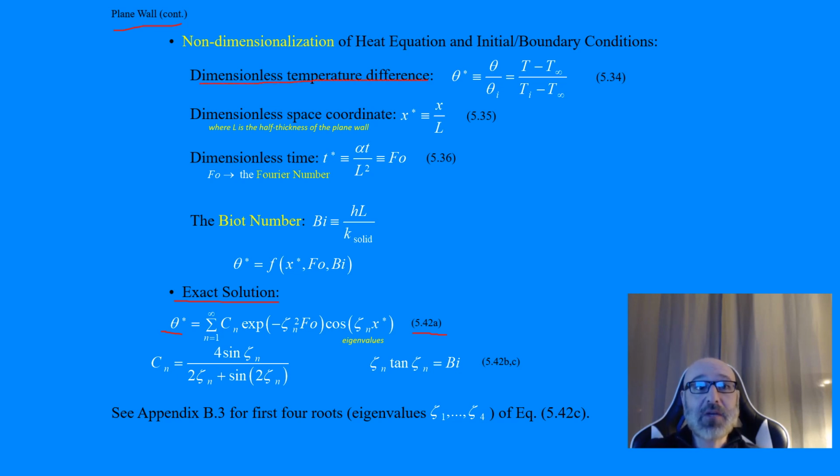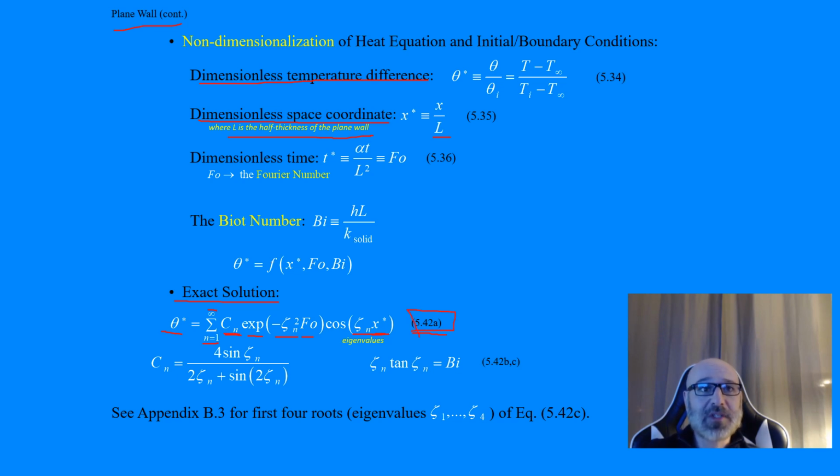And this is equal to the summation from n equals 1 to infinity of our C sub n times the exponent of negative eigenvalue squared times our Fourier number, times the cosine of our eigenvalue times our x star. Again, x star is this dimensionless space coordinate, where this is still dealing with our plane wall, and L is the half thickness of that plane wall as we plug in for that x star. So that makes up our equation 5.42a.